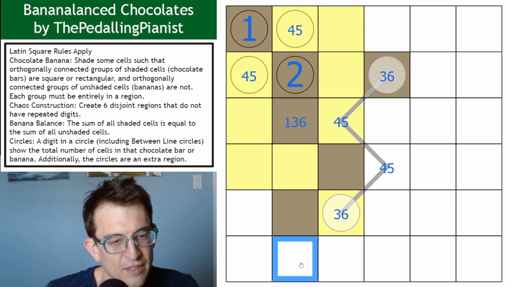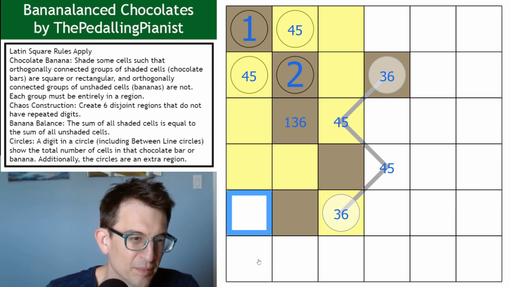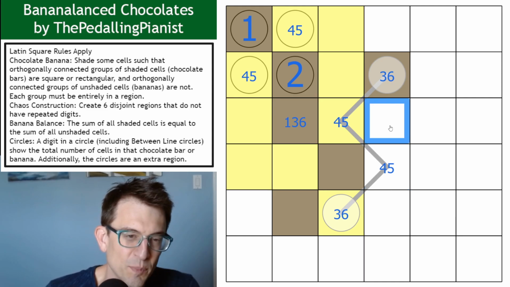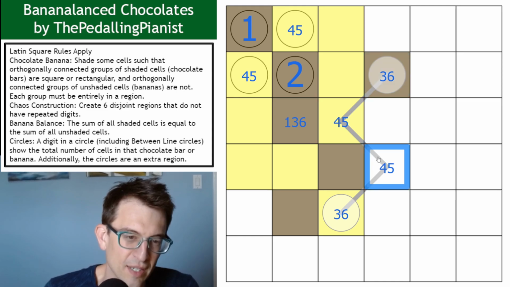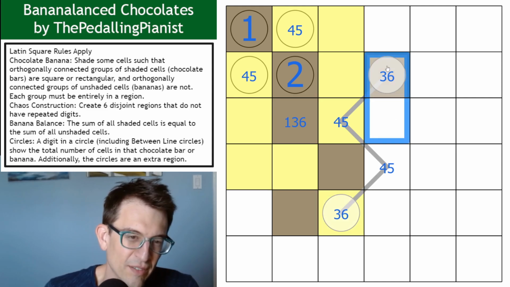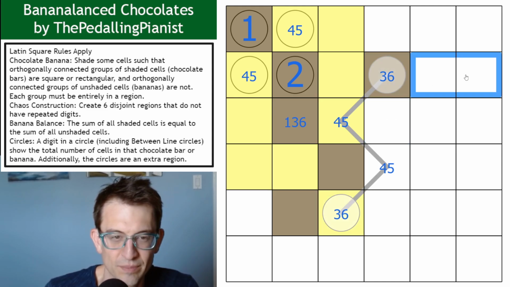This is chocolate. This is banana. Yeah, that seems okay. Could this be chocolate? Maybe this can't be chocolate. If this is chocolate, what happens? This is banana. But this could just do that. Yeah, no, that fits quite well, actually.